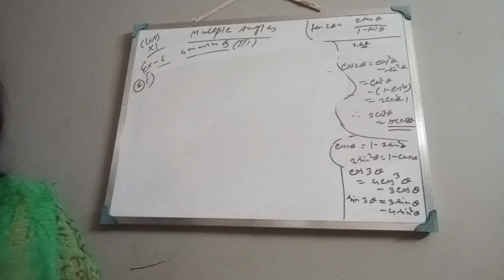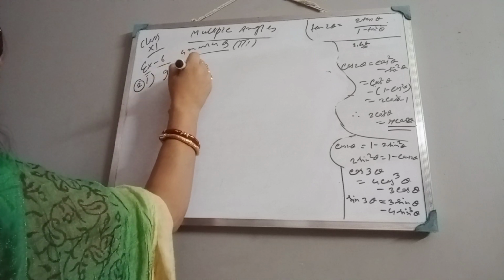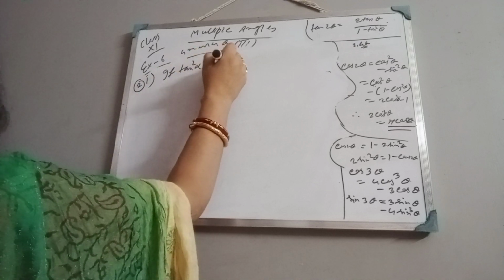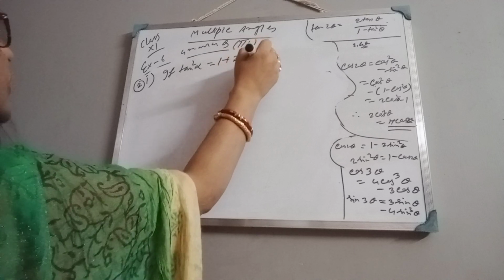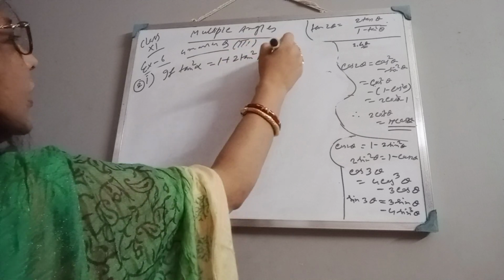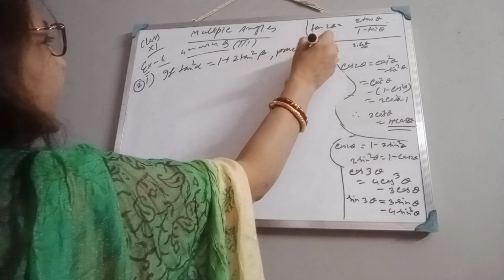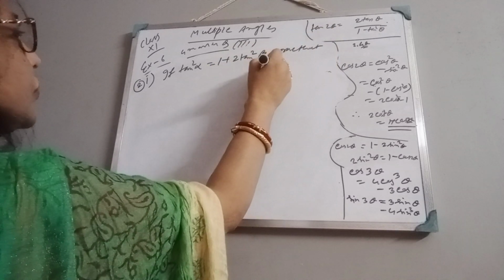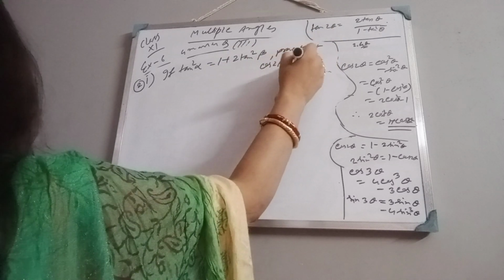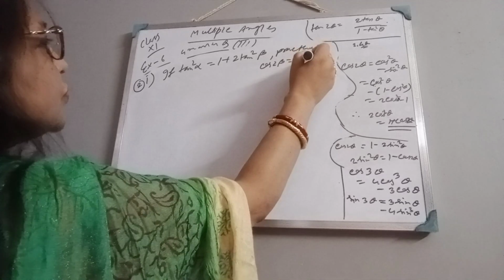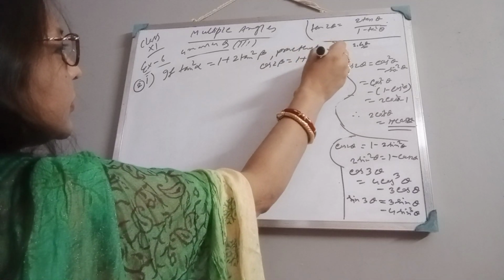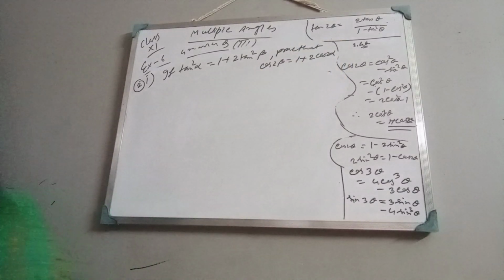Now if tan² α is equal to 1 plus 2 tan² β, then prove that cos 2β is equal to 1 plus 2 cos 2α. That we have to prove.